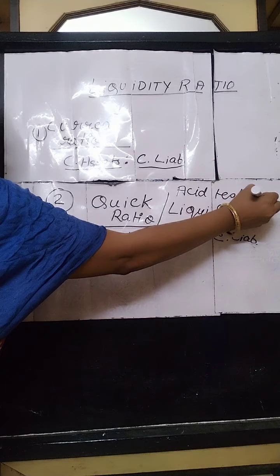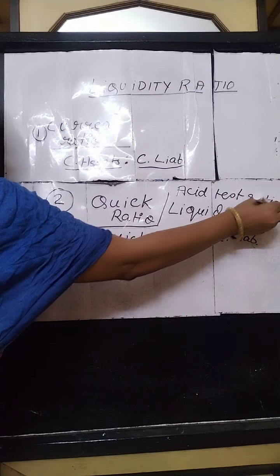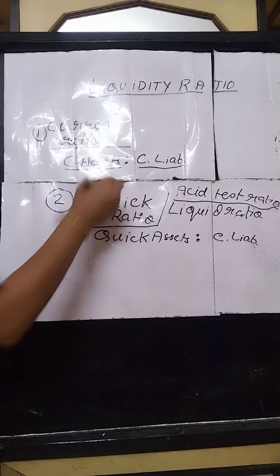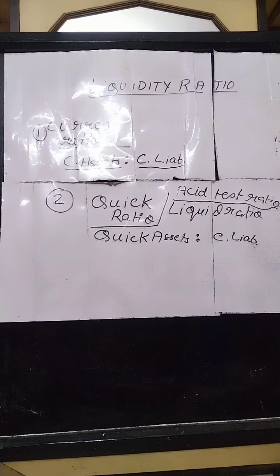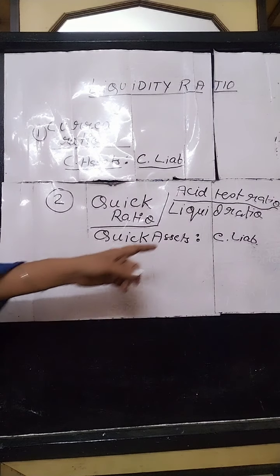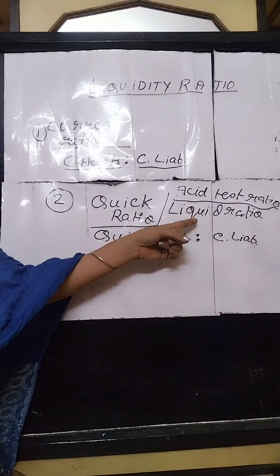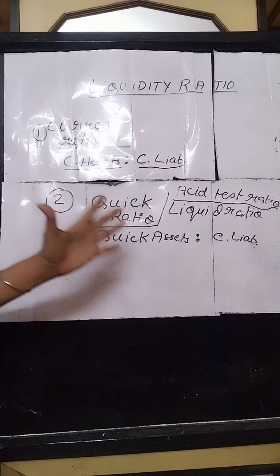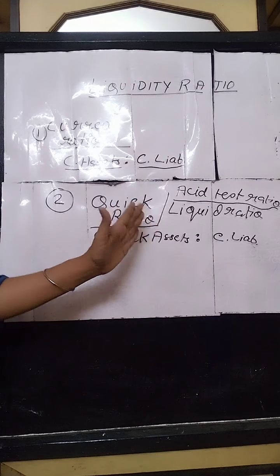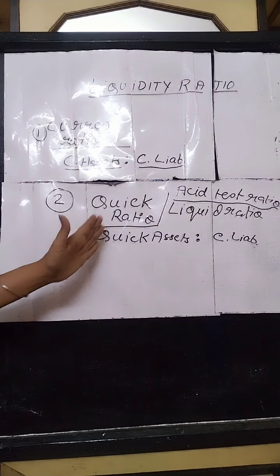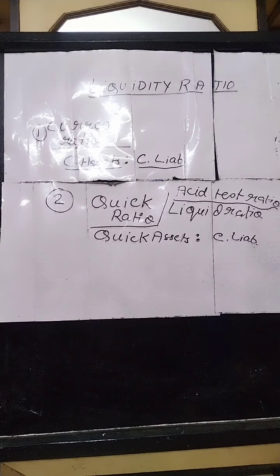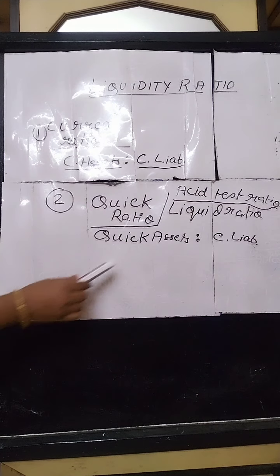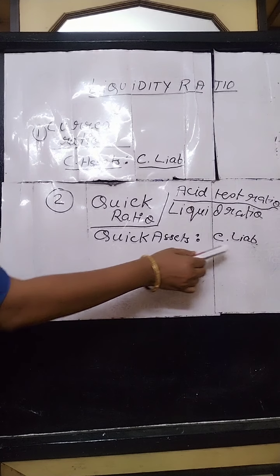So this ratio can be called by three different names: quick ratio, acid test ratio, and liquid ratio. Any of these three names can be used. But to ascertain quick ratio, we use the formula quick assets to current liabilities.